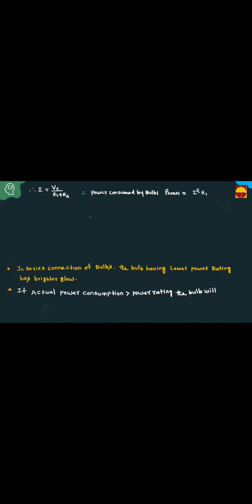What is the power consumed by bulb 2? Because here the current is constant, in series connection, power consumed by bulb 2, P consumed 2, equals I square into R2. Then what is the total power consumption?